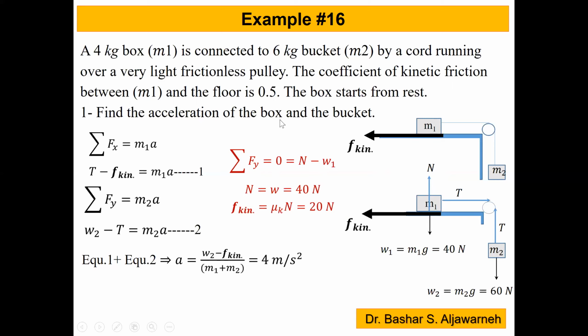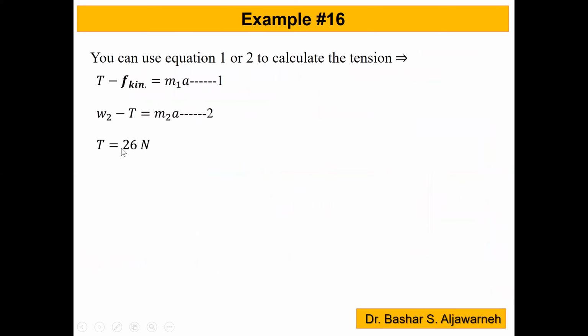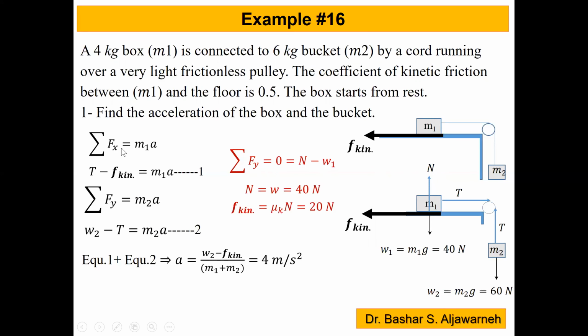Find the acceleration and find the tension. We saw this example in the previous lecture, but the only difference between this example and the previous one is that there is a friction force. Okay, let us take it step by step.